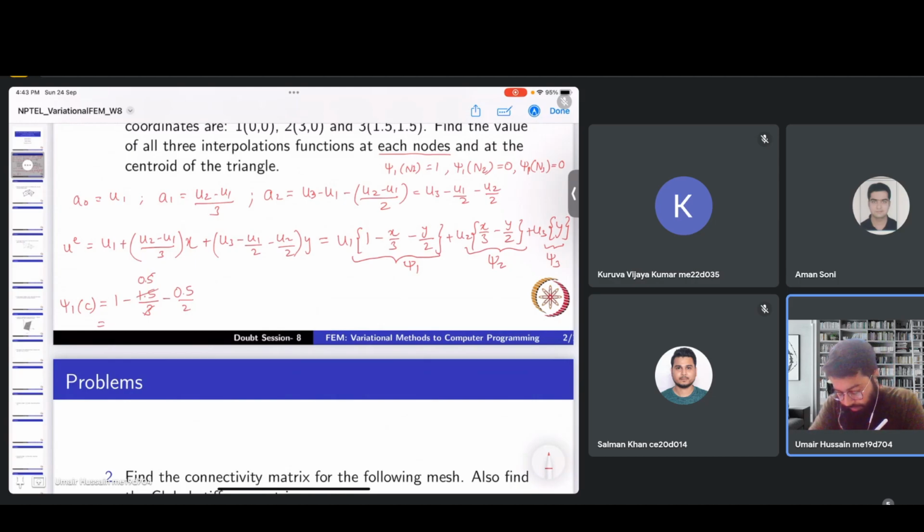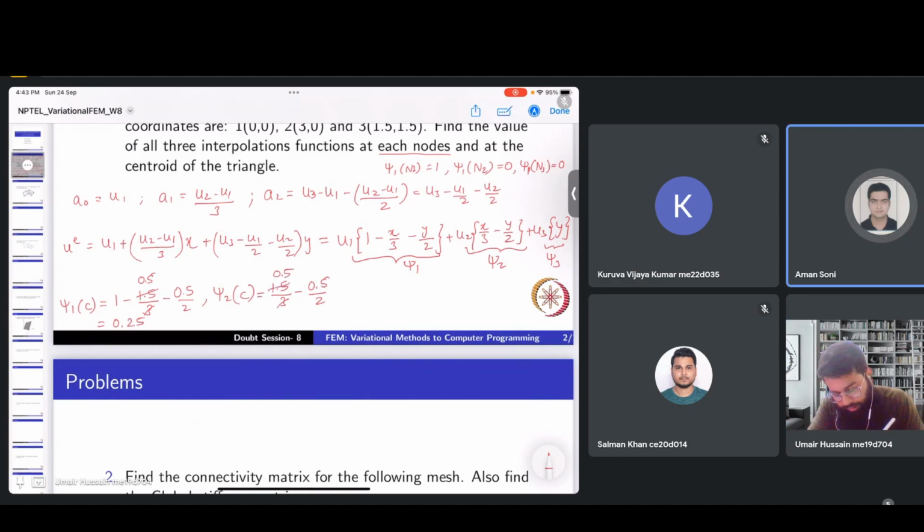So that's plus basically. It's 0.25, I guess. Psi 2 at C, 1.5 by 3 minus 0.5 by 2, is also 0.25.